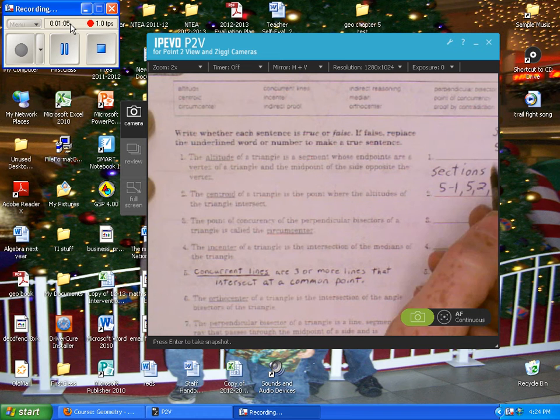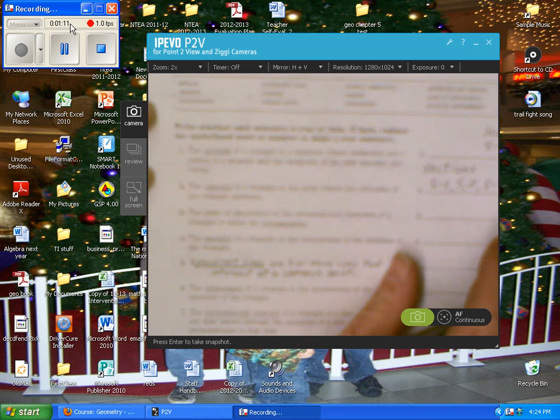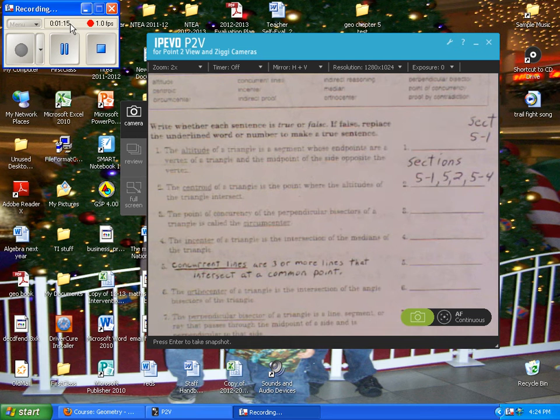So use those main sections in your book. It's chapter 5, and just look up these terms.